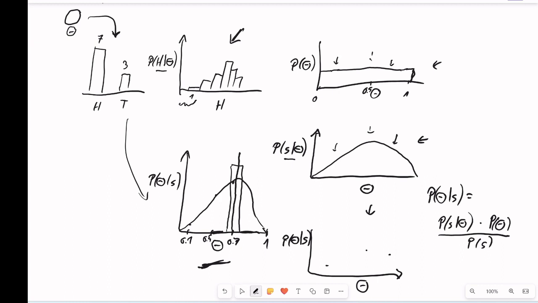Essentially, we'll get, in this case, a distribution that looks exactly like our likelihood, because we started off with a flat prior. If the prior looked different, then this would look different from the likelihood, and this is our posterior. This is the thing that we're interested in.